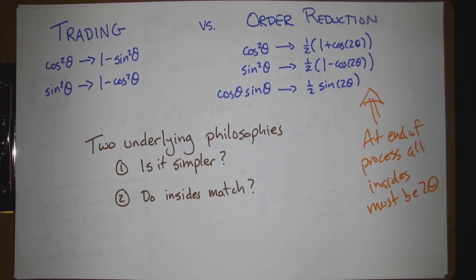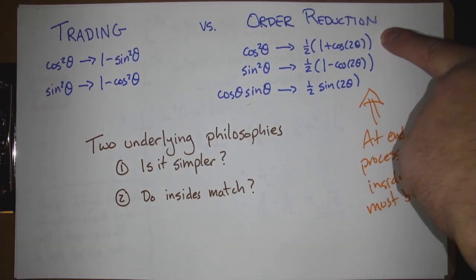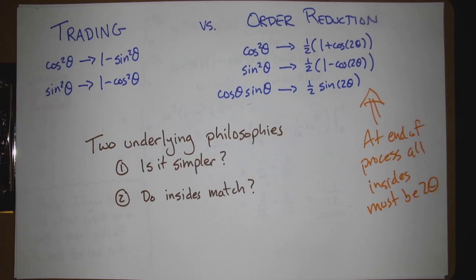So when we do order reduction, everything has to become double the angle that we started with. So that's one way you can test. It's like, okay, if I go through order reduction, will everything at the end be double what I have right now? If not, I probably need to think about doing some kind of a trade. Because with trades, the insides stay the same. When you do order reduction, the insides change. All right.